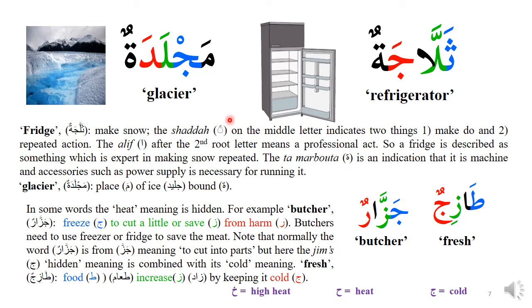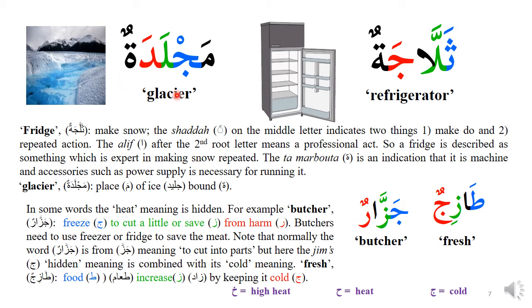Many other words will have this. From this root Salaja, you get Sallajatun, which means a refrigerator or a fridge. You can see the fridge because the Shadda indicates that it repeatedly makes snow. So it's basically saying it's a professional thing, Sallajatun, which repeatedly can make snow or ice, something related to making it colder.